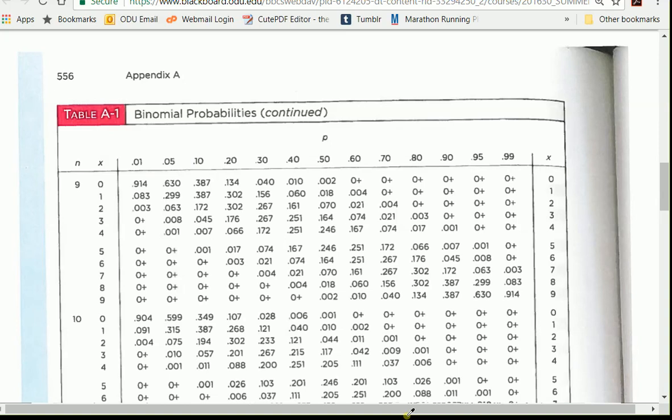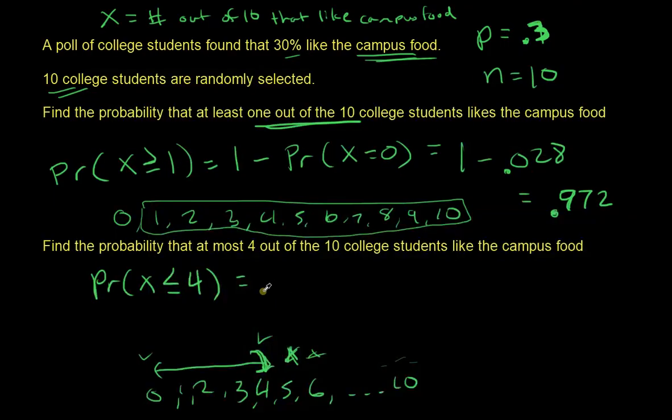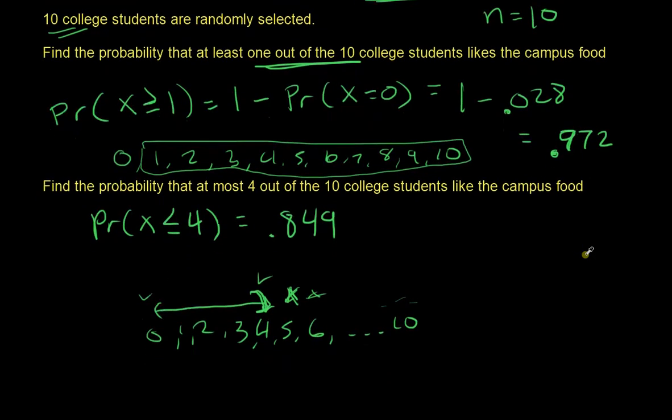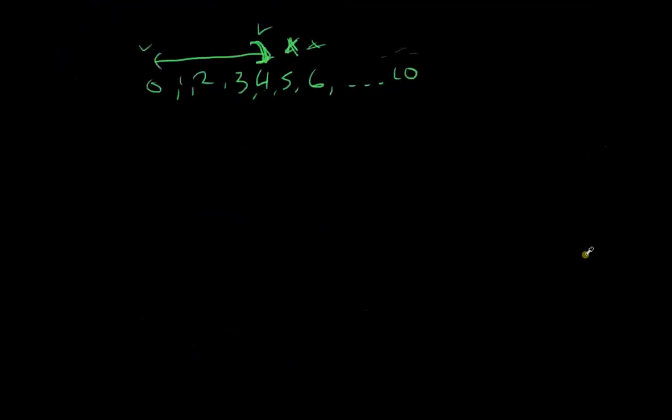Then 1 is 0.121, and then 0 is 0.028. Go ahead and double check that, but I think it comes out to 0.849. So that's the probability that at most 4 out of the 10 like the campus food.